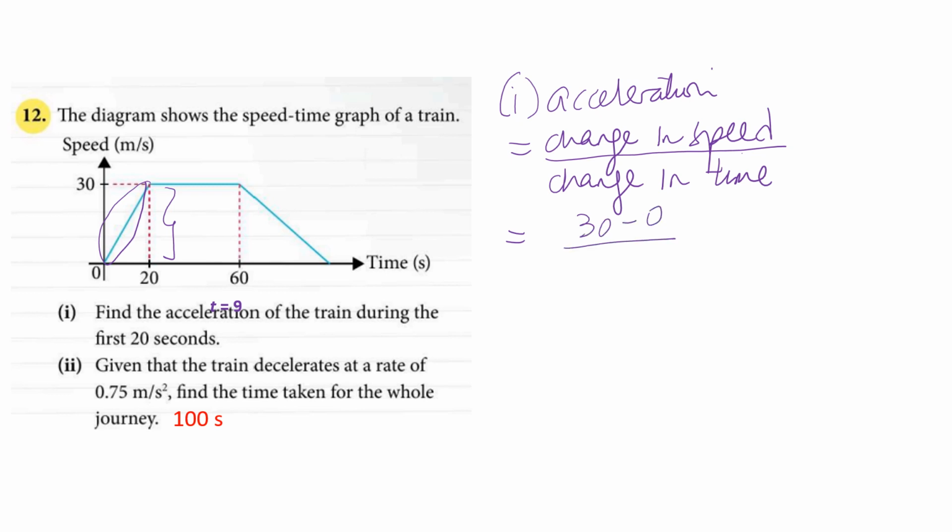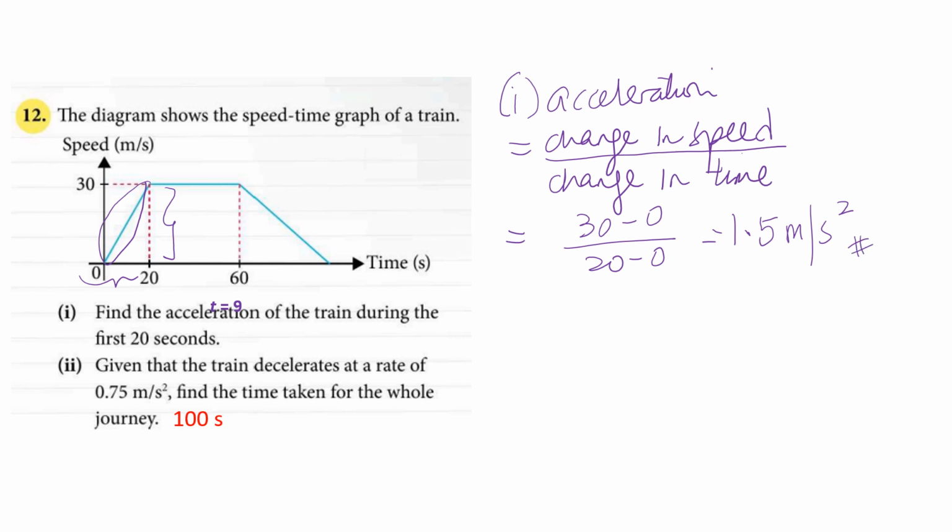Change in time will be your run, which is 20 minus 0. So 30 divided by 20 gives you 1.5 meters per second squared. Okay, so this is the first part of the answer.